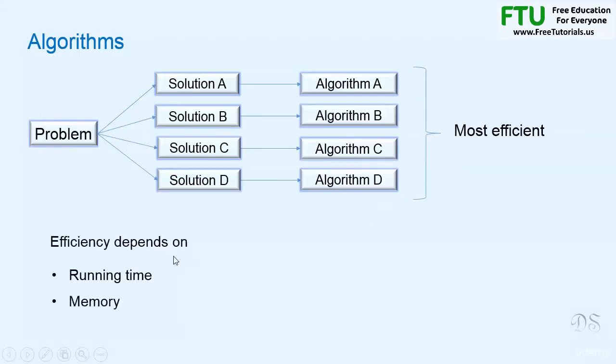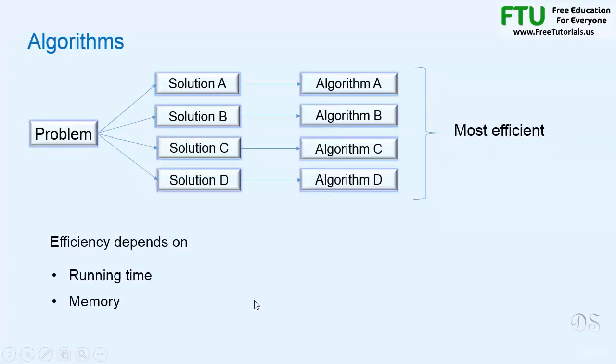Now, the efficiency of an algorithm mainly depends on these two factors: running time of the algorithm and memory occupied by it. So, an efficient algorithm is one that takes less running time and occupies less memory.